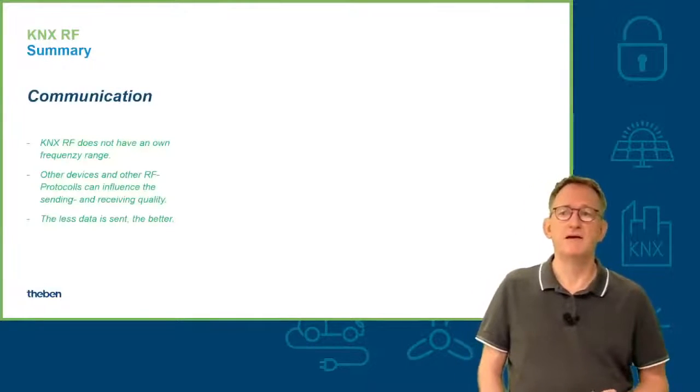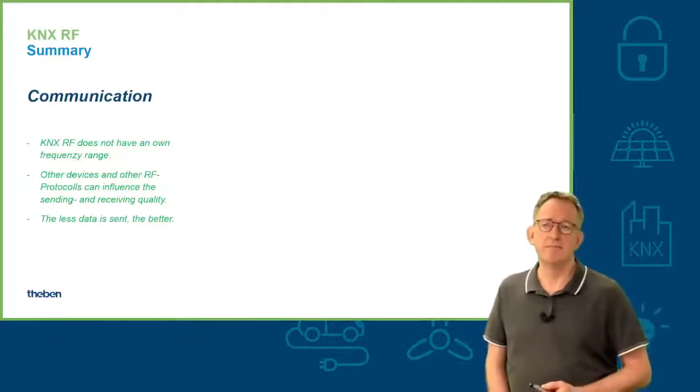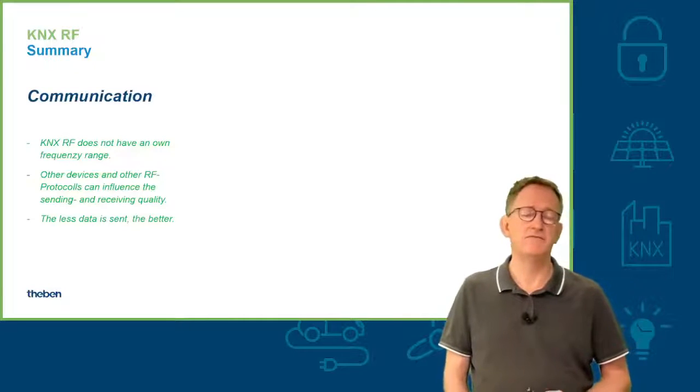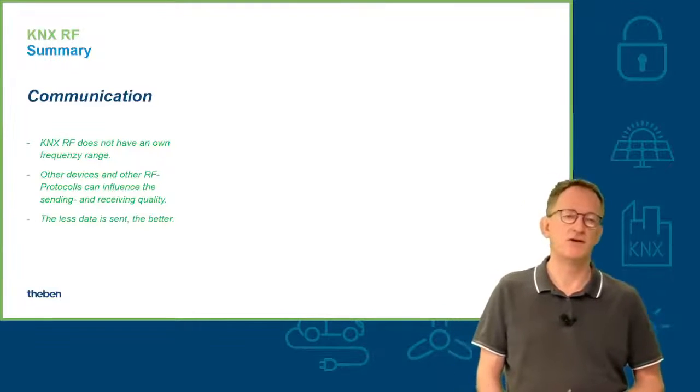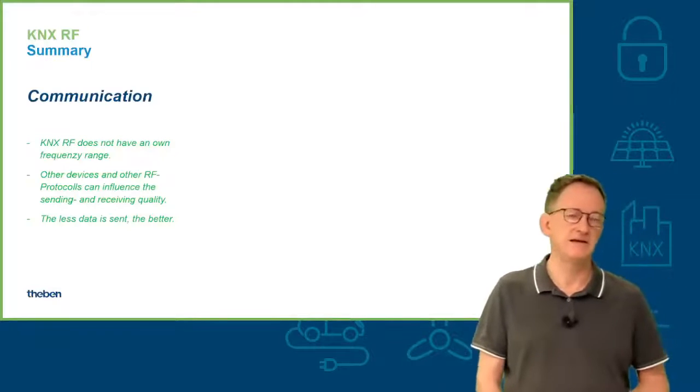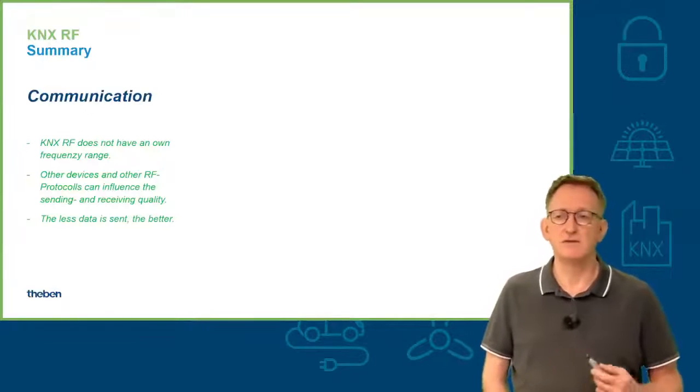So what kind of summary do I have in general? Again, we have not an RF frequency which is just reserved for KNX. It's also shared with Zigbee, with baby phones, and many other devices.